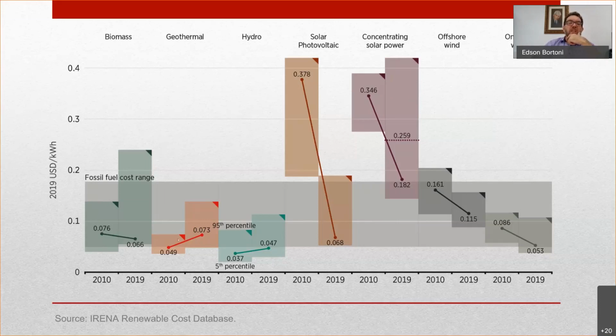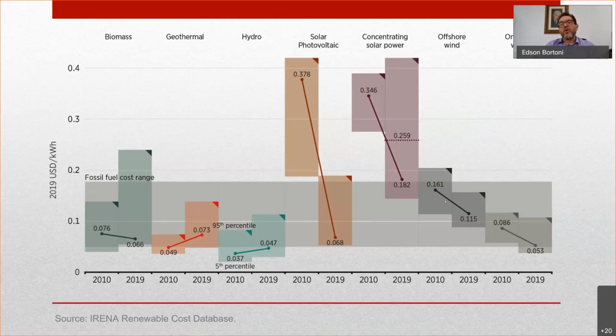You can see that geothermal is increasing. Also, hydro is increasing because the hydro alternatives are reducing worldwide. You can see the solar is reducing dramatically from $378 per megawatt hour to $68 per megawatt hour. And here is the concentrating solar power.